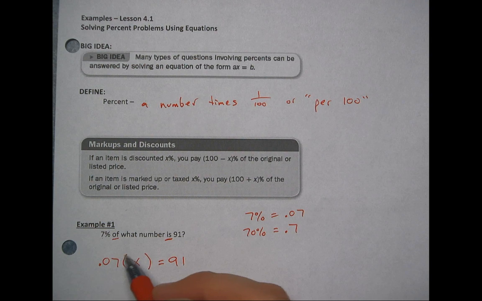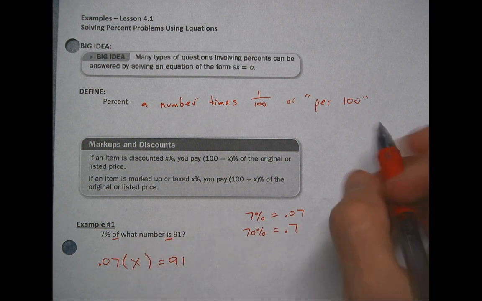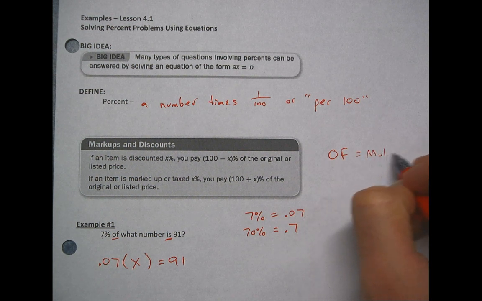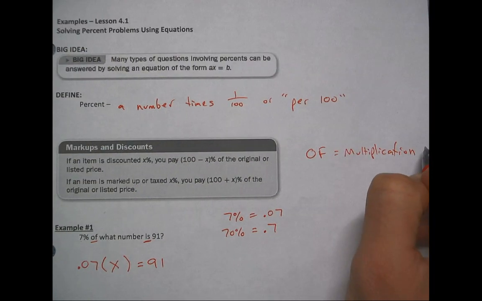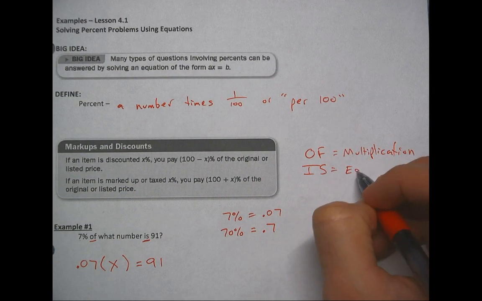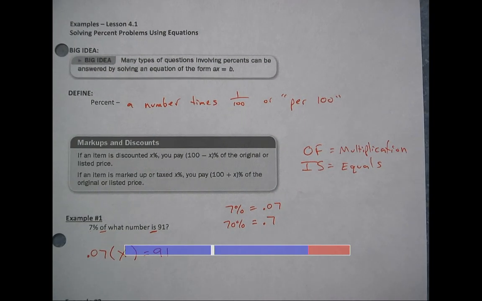So 7% of something, if I multiplied and found 7% of some number, is 91. We want to make sure we understand "of" is going to be our multiplication, and "is" is equals. Whenever you want to find the percent of a number, you're going to multiply.